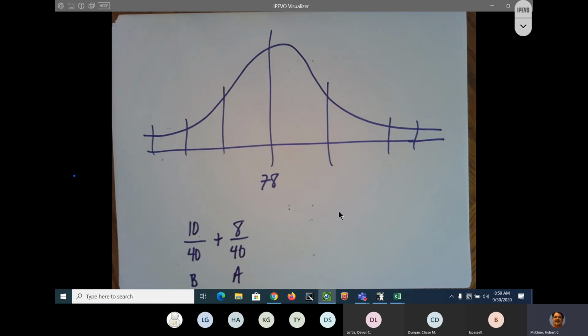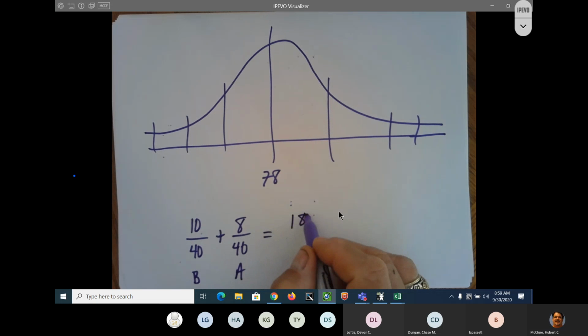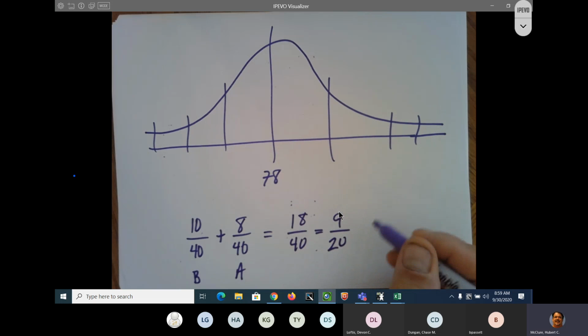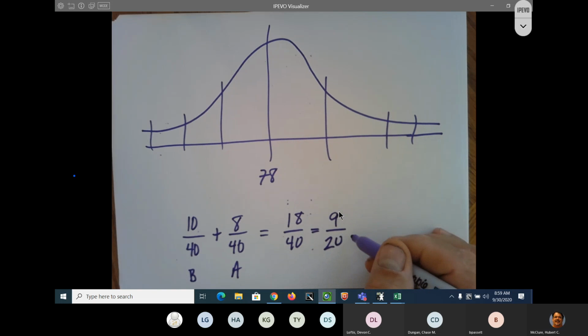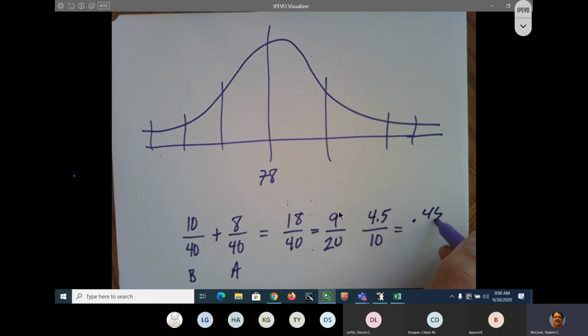That's A's. So that would be 18 over 40, which reduces to 9 over 20, divide by 2 on both sides, that would be 0.45. I got 0.45, but that's not what they got.